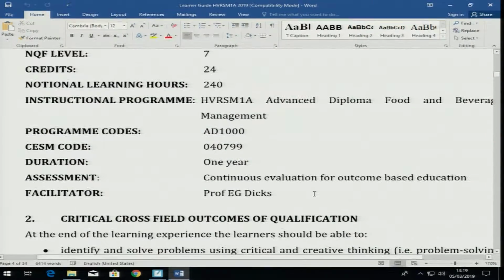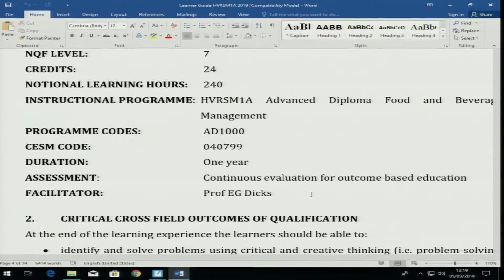And for those of you who were not here 2 weeks ago in my class, sorry I didn't introduce myself properly, I'm Prof. Dix from the Department of Hospitality, Tourism and Public Relations Management. My office number is M106. I have my timetable on. My consultation hours are also scheduled.